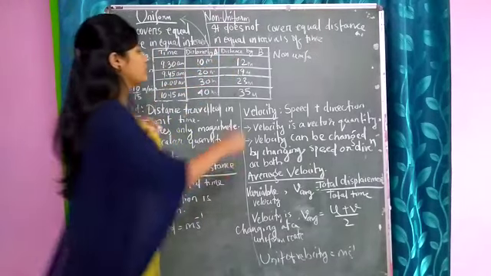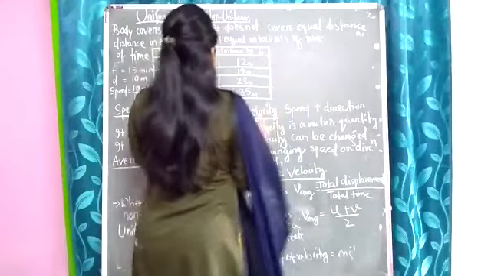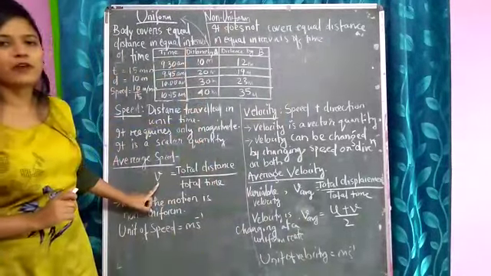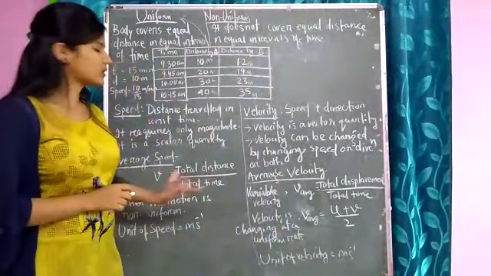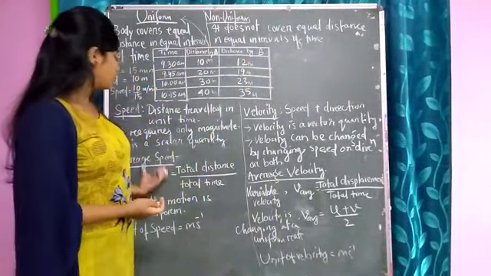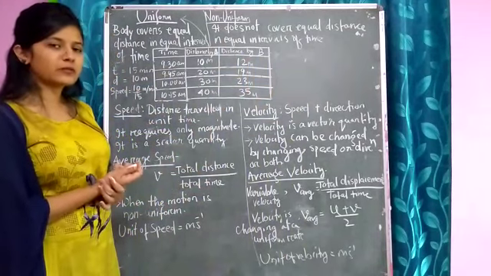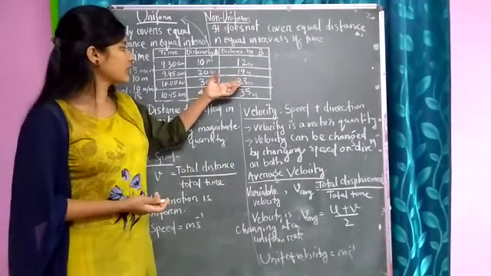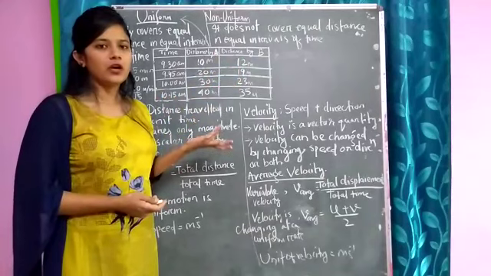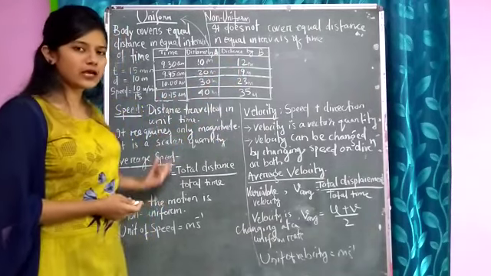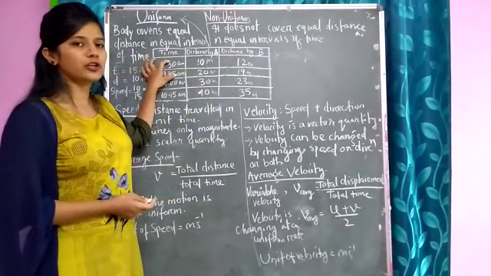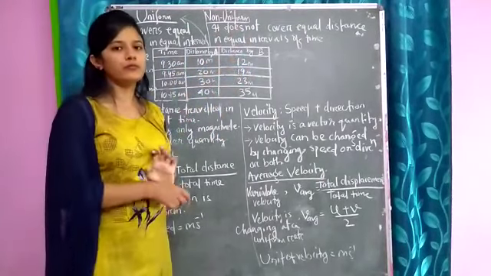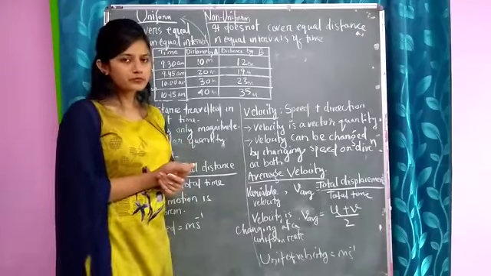So for the non-uniform case, we get the average speed as the total distance by total time. That means for each interval the value may be different, but we are assigning a particular value for a particular time interval for the non-uniform motion case.